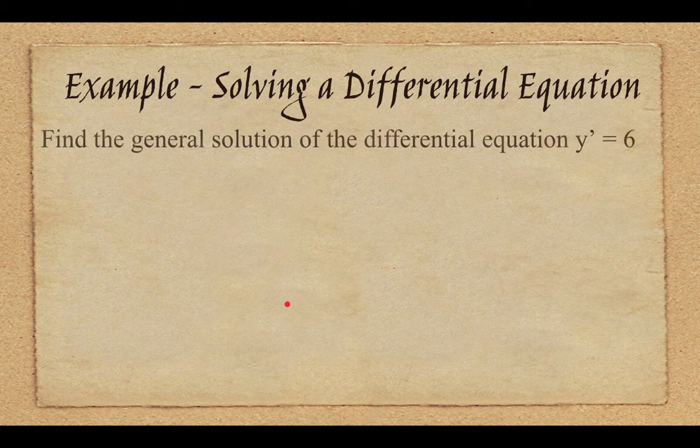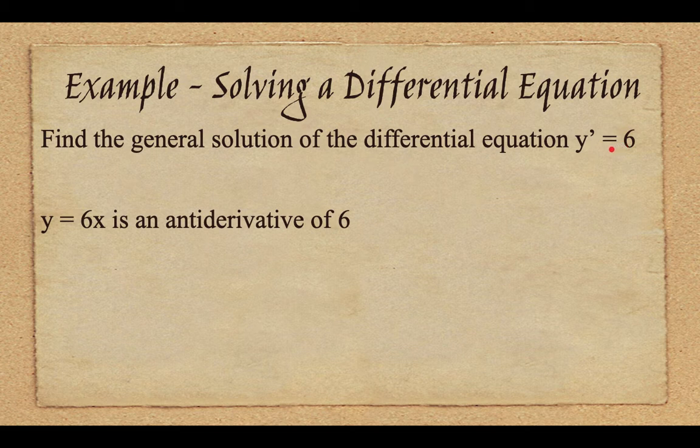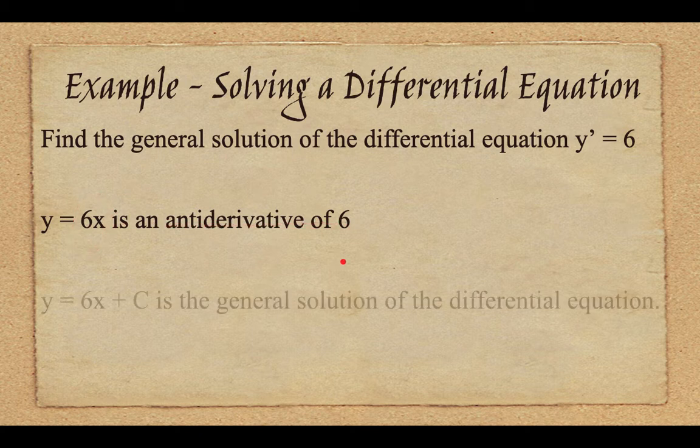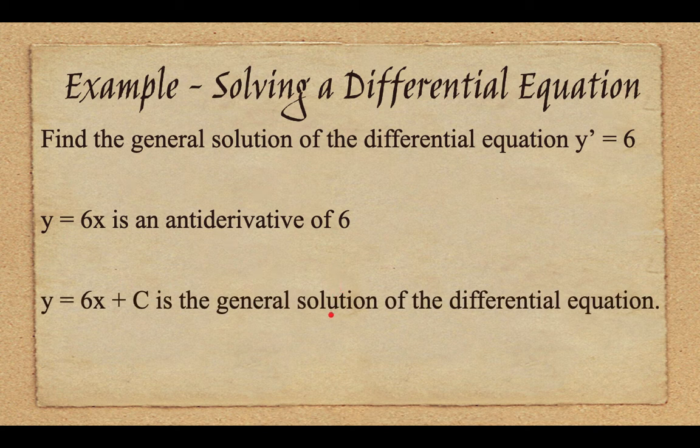So, for example, this is a differential equation: y prime equals 6. We can say y equals 6x is an antiderivative of 6, because the derivative of 6x equals 6. So the general solution to this differential equation, where the derivative equals 6, is going to be 6x plus c.